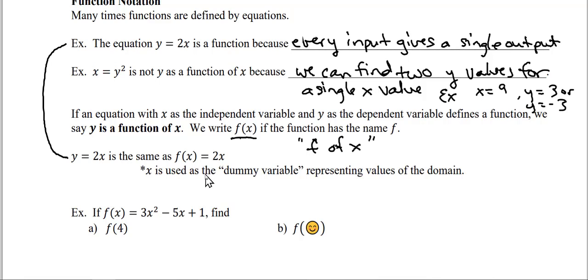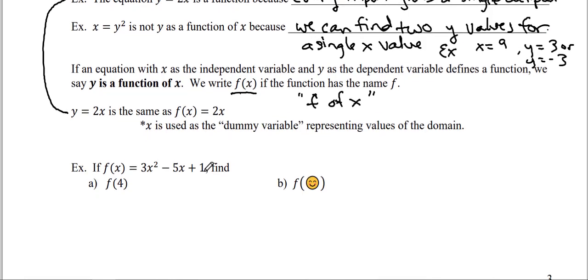That doesn't mean f times x, it's f of x. It means I can input whatever value I want in for x, and the output is that dependent variable value. We're replacing the y with the function notation.